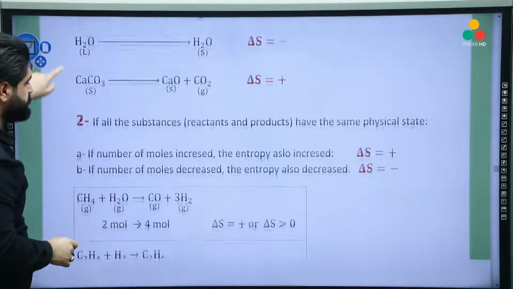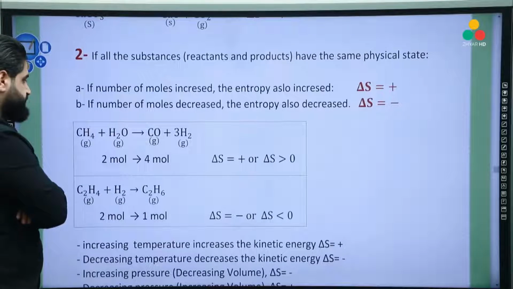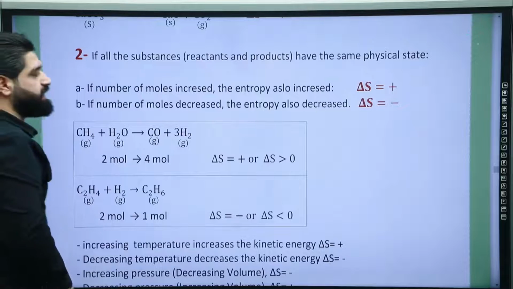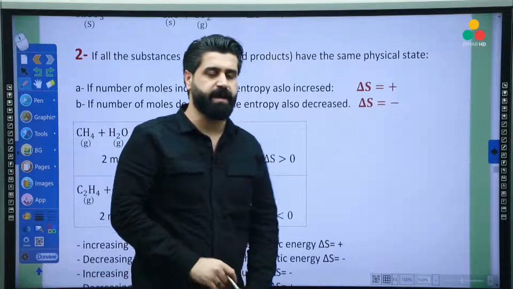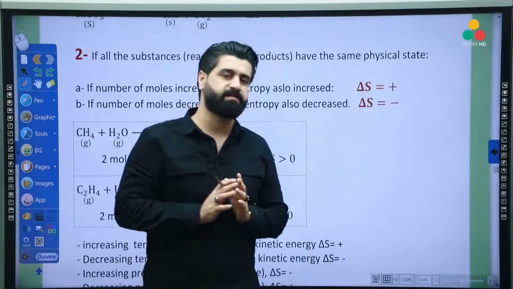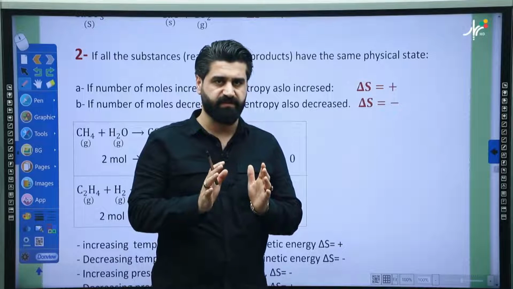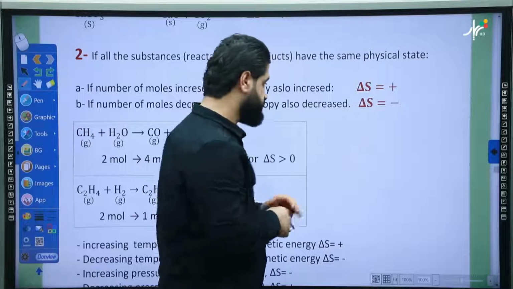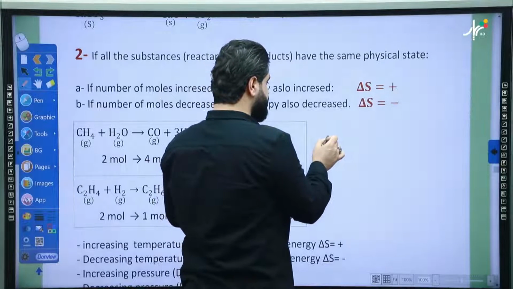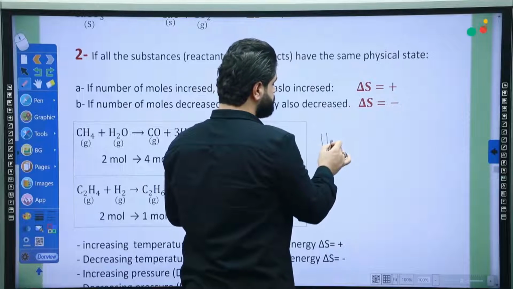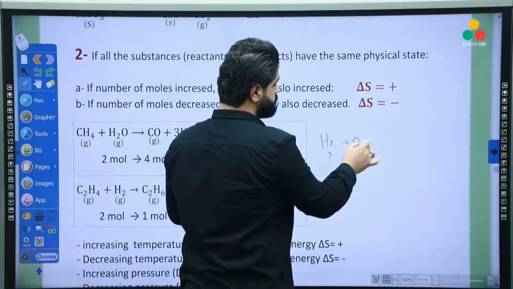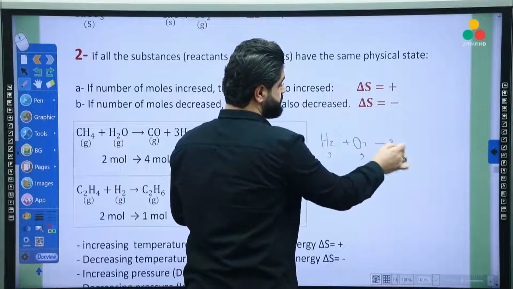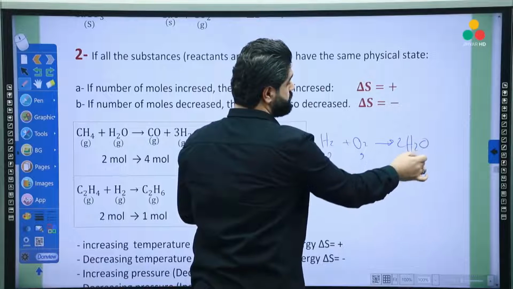Very easy. Number 2. But, Mr., I have seen many reactions where both reactants and products are present in the same physical state. Okay, give me an example. Like what? Look, for example, H2 gas plus O2 gas producing 2H2O gas.